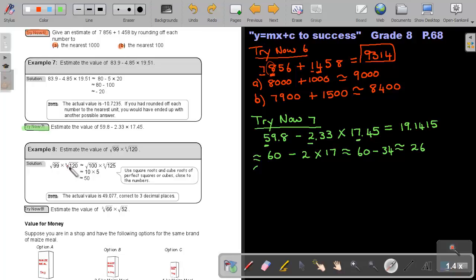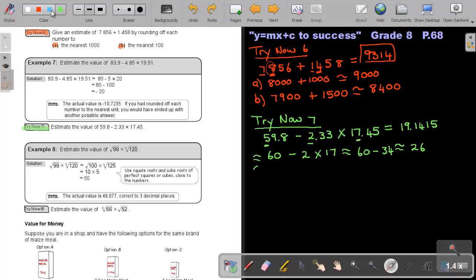That's 1, 1 times 1 times 1, 2 to the power of 3 is 8, 3 to the power of 3 is 27, 4 to the power of 3 is 64, 125. So this one will be closest to 125. Then I basically just work it out and I get an estimate of 50. But if you look, the actual value is this, so it's very close.